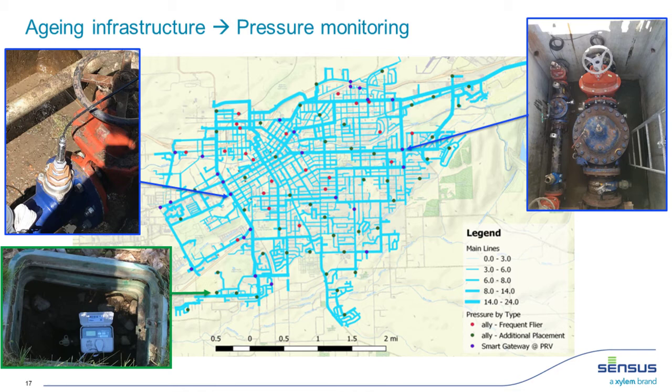In the top left, that's in a commercial meter test port, and then on the right, that's actually at a PRV. And so what they did, utilizing those few tools, they distributed pressure monitoring across their entire system.